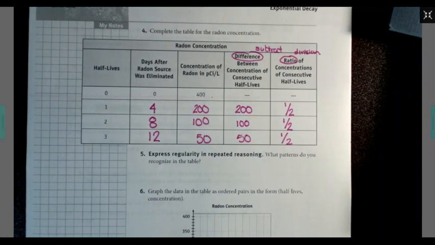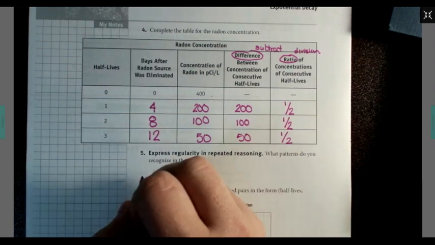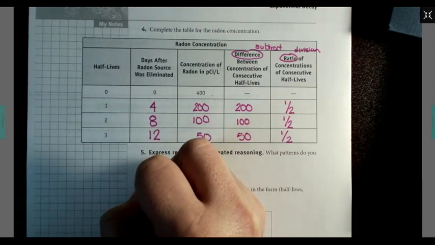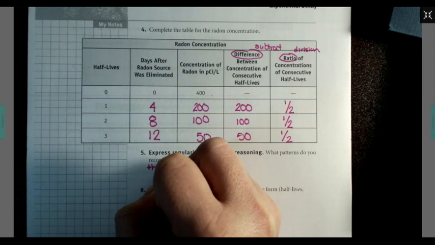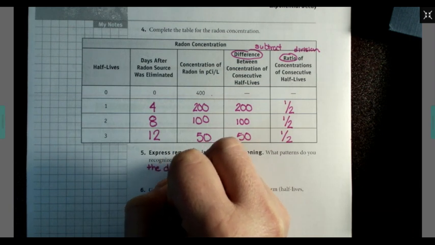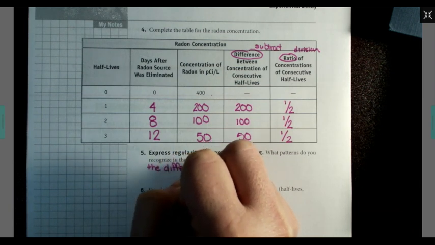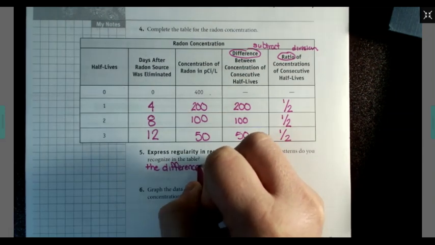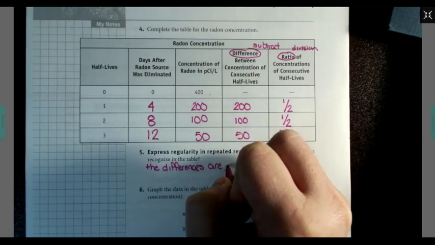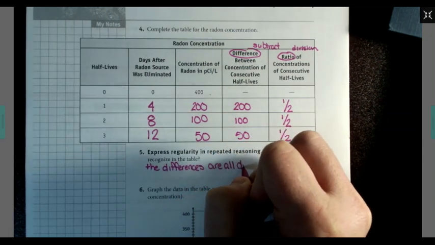Any patterns that we notice in this table? The differences are all different.